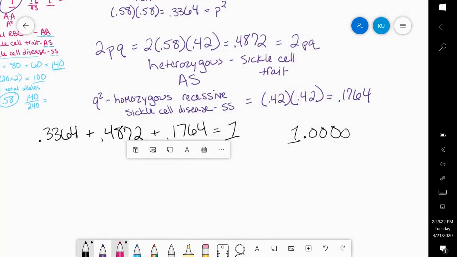When you answer the question, after you do it, you would say that 33.6% of the population is homozygous dominant, 48.7% of the population is heterozygous, and 17.6% of the population is homozygous recessive. And those are the allele frequencies within the population.